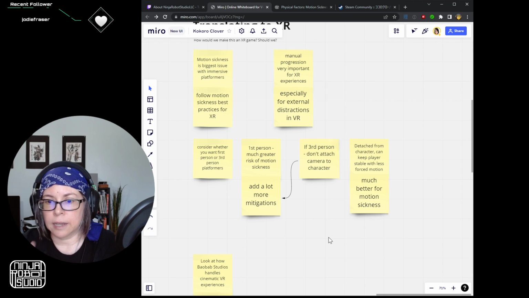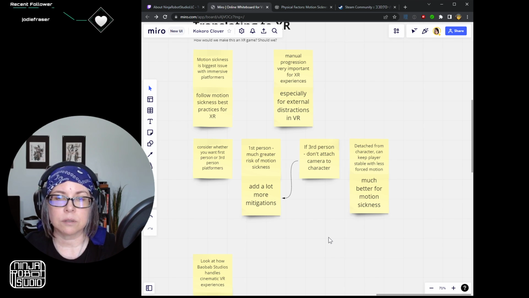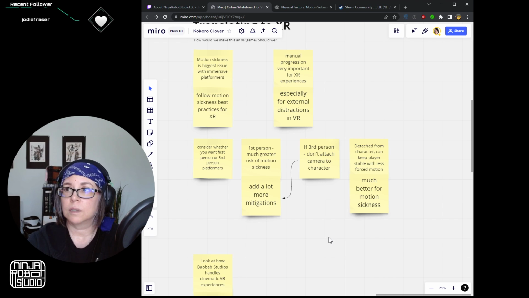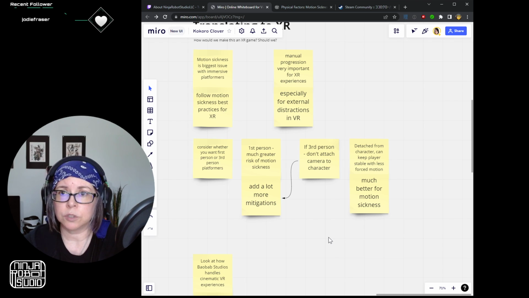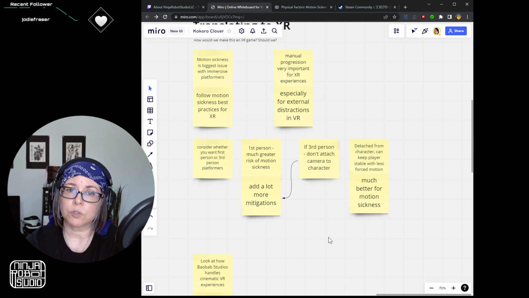And consider, again, whether or not you want to do a first-person platformer or a third-person platformer in XR, especially. I'm thinking VR versus mixed reality versus augmented reality. Augmented reality or mixed reality is going to be a different beast, I think, because you can still see the real world, and you're still relying on real-world locomotion.